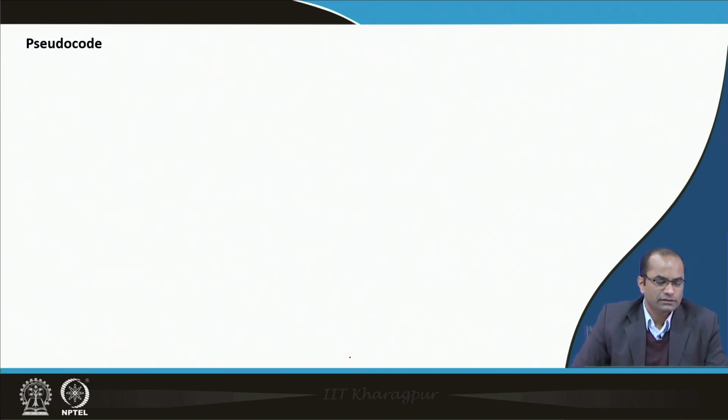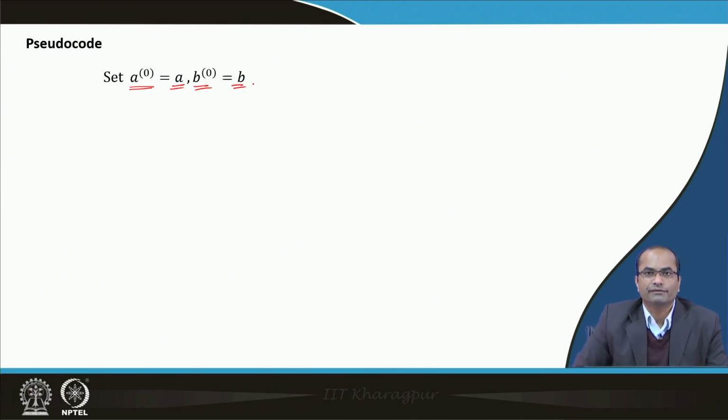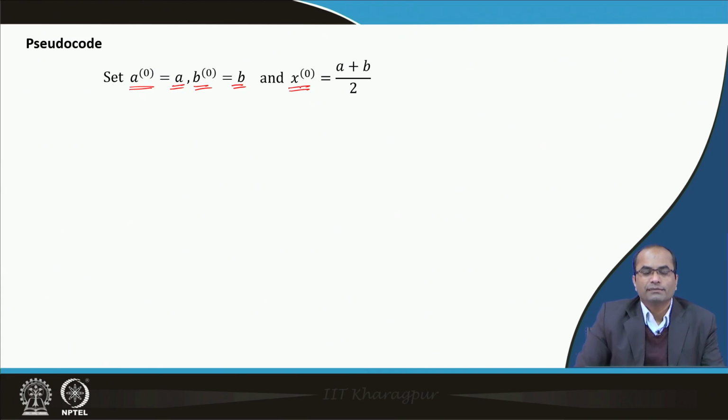Well, here is a pseudo code which can help immediately to write a program in the computer. We set a_0, b_0 as the given interval [a, b], which has the property that f(a) f(b) is less than 0, and then we take the middle point. This is where the name bisection comes from.